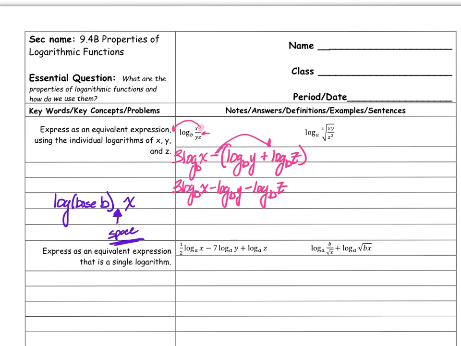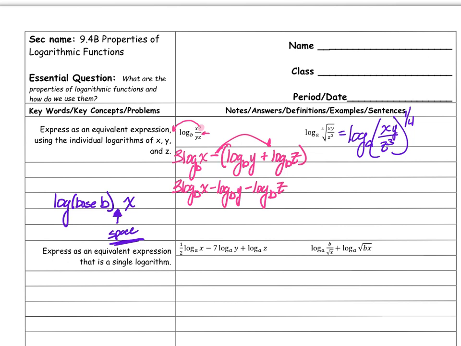Okay, great. Let's go on to the next problem. I want to rewrite this. This is a fourth root, so I need to rewrite that first. I'm going to say log base a of x, y, z to the third, all to the, how do I write this, 1/4, because all the inside would be to the 1/4.